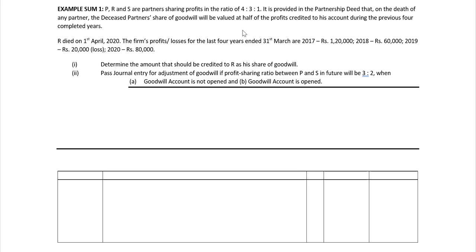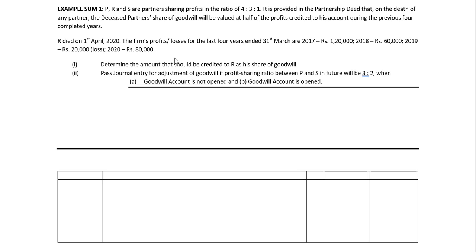It is provided in the partnership deed that on the death of any partner, the deceased partner's share of goodwill will be valued at half of the profits credited to his account during the previous 4 completed years. R died on 1st April 2020.